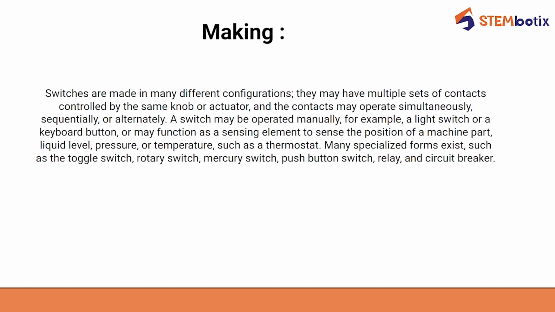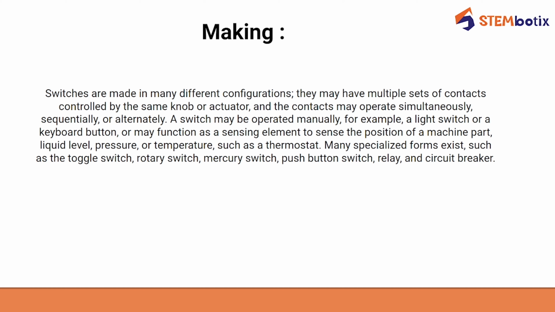or alternatively. A switch may be operated manually, for example, a light switch or keyboard button, or may function as a sensing element to sense the position of a machine part, such as liquid level, pressure, or temperature, such as in a thermostat. Many specialized forms exist, such as toggle switch, rotary switch, mercury switch, push button switch, relay, and circuit breaker.